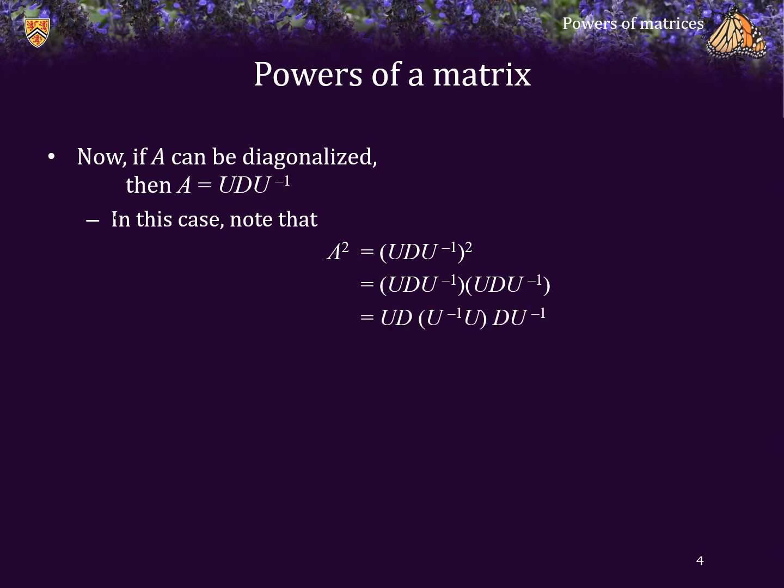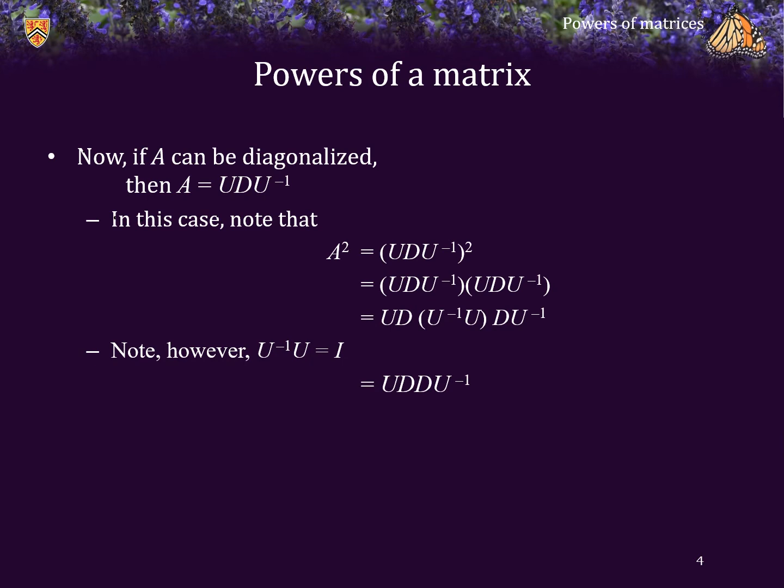But matrix multiplication, as you'll recall, is associative. If I'm multiplying 6 matrices together, it doesn't matter which order I multiply them in. So I can actually explicitly choose to multiply first U inverse times U. But wait a second, U inverse times U is just the identity matrix.